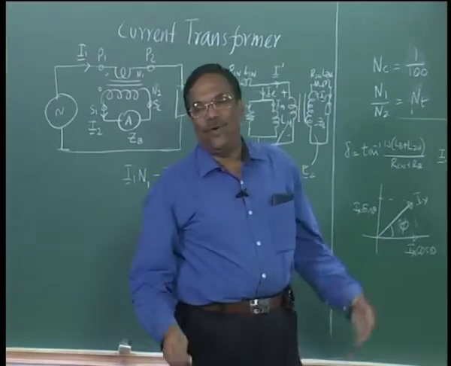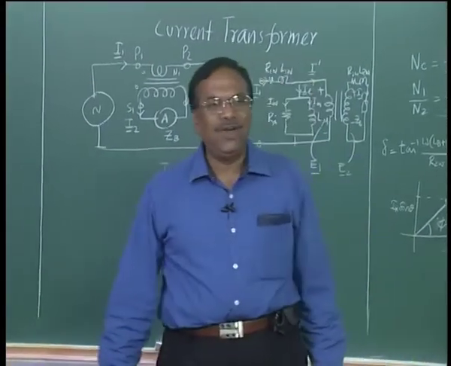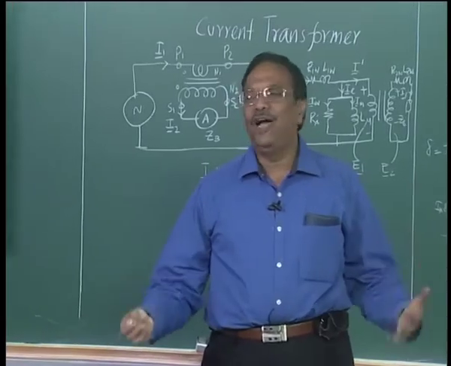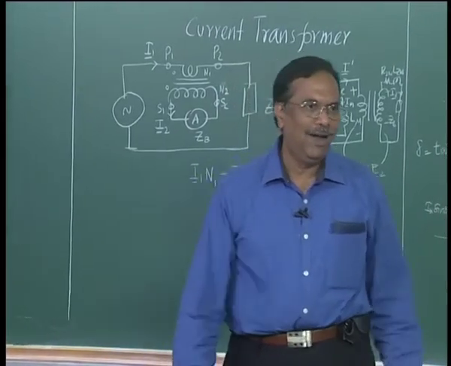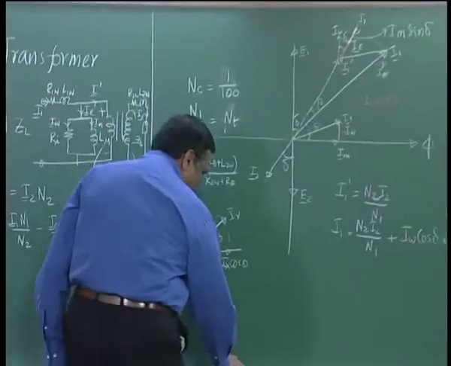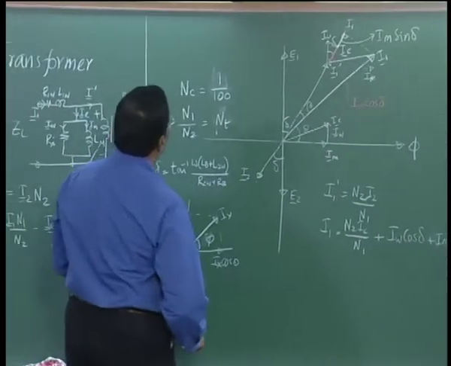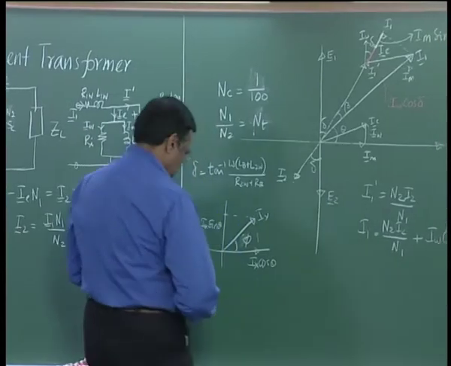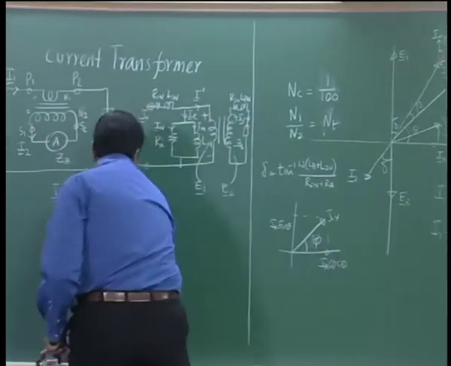Now, we already know what is the error, measured value minus true value by true value into 100%, right. So, what is the measured value? Okay, I think I made a small mistake here.